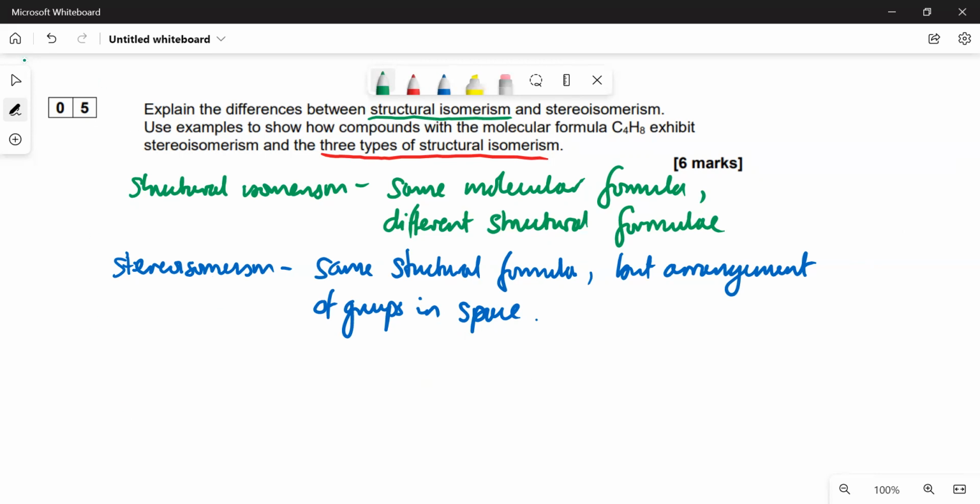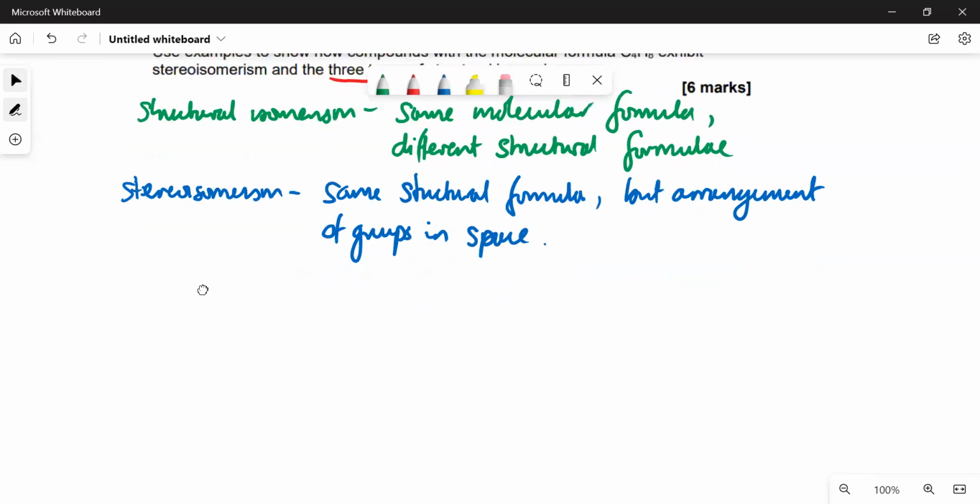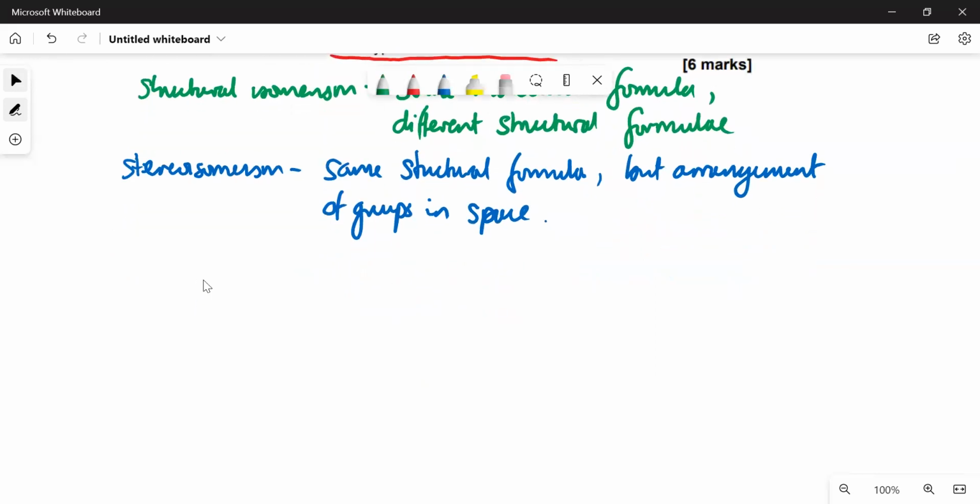Right, I'm going to use C4H8 to illustrate this. We can have functional group isomerism.